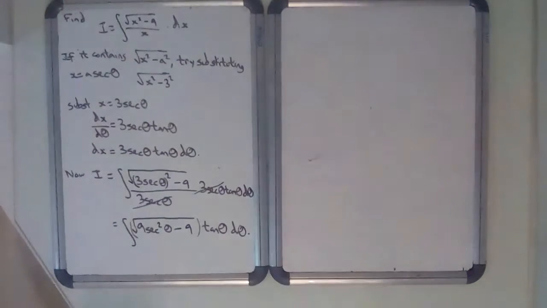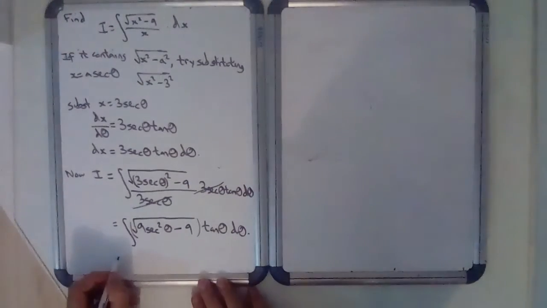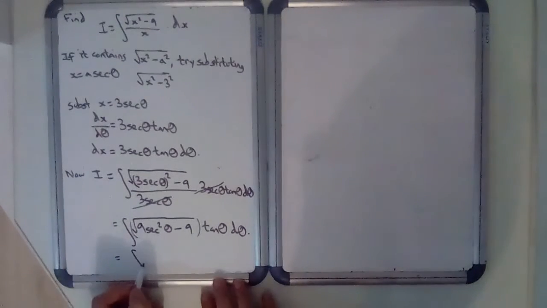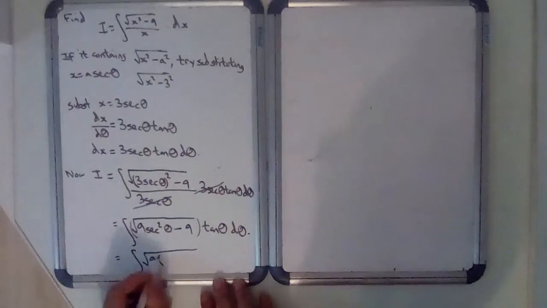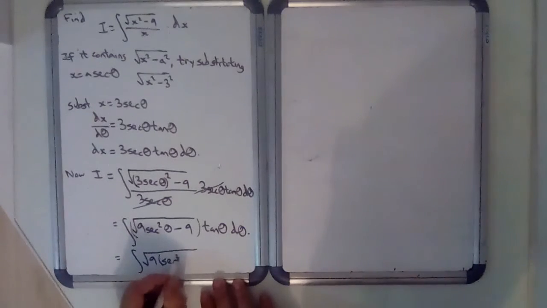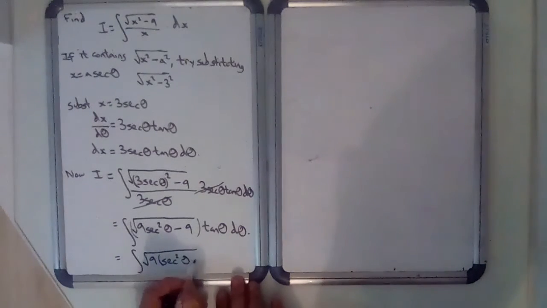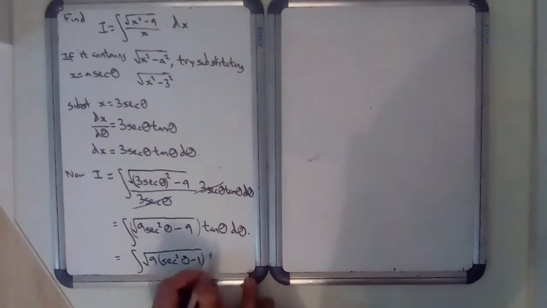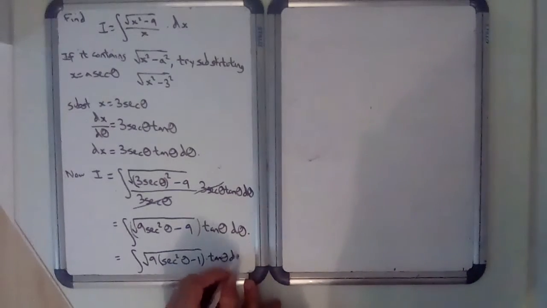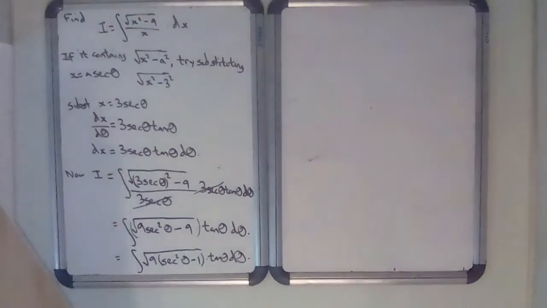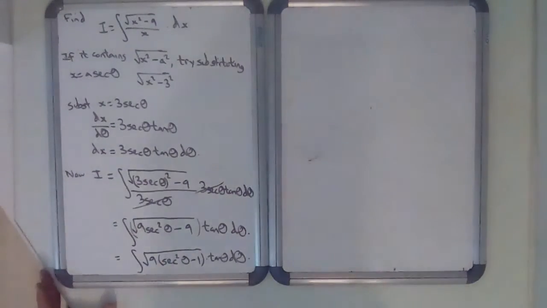There is a common factor of 9, so I'm going to pull that out and hope that something good happens. So the integral of the square root of 9 times sec squared theta minus 1, times tan theta d theta.